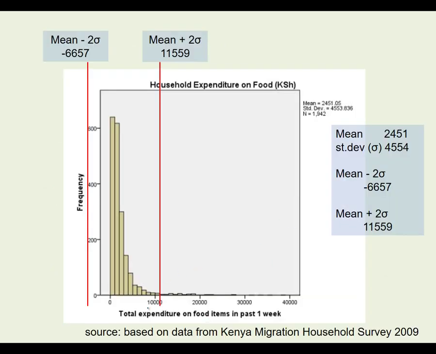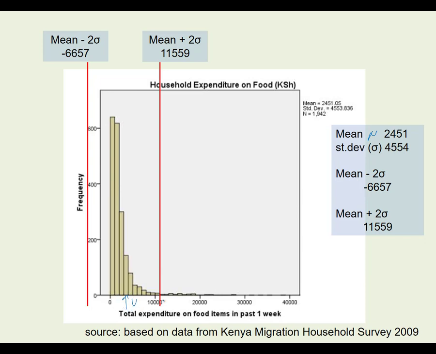So here's the graph of the Kenyan food expenditure. So let's just work out where the mean is. That's this mu here, 2451 is around about here somewhere. Okay, that's mu.